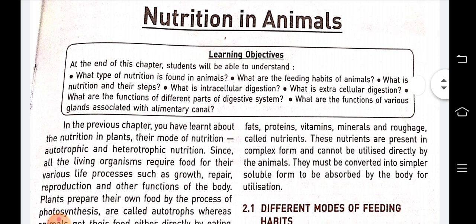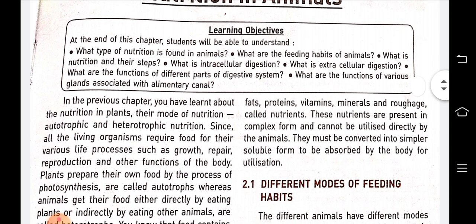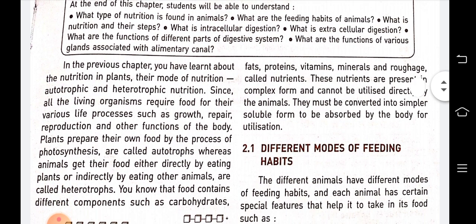So in this chapter we will read about the type of nutrition found in animals, then the feeding habits of animals, what is nutrition and their steps, intracellular digestion, extracellular digestion, different parts of the digestive system, and the functions of various glands associated with the alimentary canal.